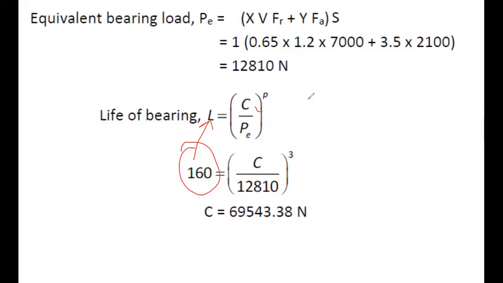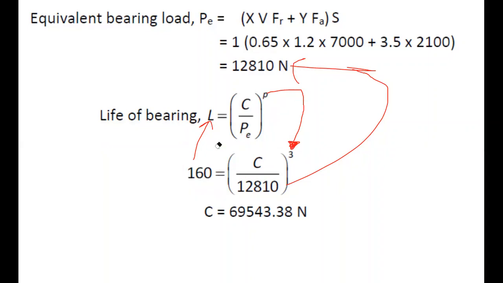Now, like I said, L10 is given, which is 160 million revolutions, right? C is to be found out. PE is 12810, which we just now found out. So A or P, a self-aligning ball bearing is a ball bearing, that's why we will take this as 3. How will the calculation be done?